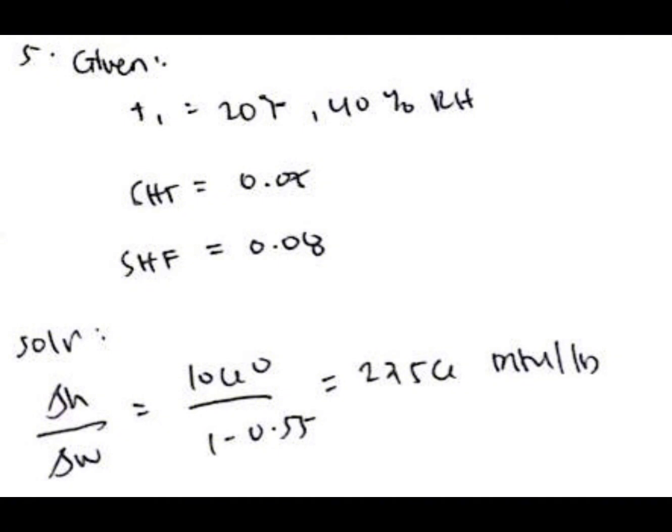So the solution is, we have a formula of delta H over delta W, so plug in the given: 1,060 over 1 minus 0.55. Calculate it, so we can get 2,356 BTU per pound.